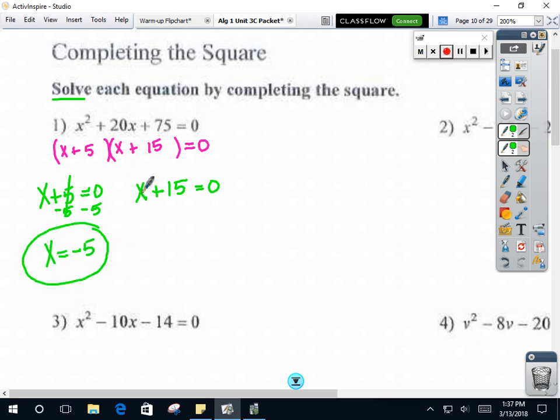And then for this one, how do we solve for x? And so your second solution is negative 15. Now remember, what's special about those two solutions is those are your x-intercepts. If you put this on the graph, that's where it will cross the x-axis. And those are the two numbers that when plugged in for the x will actually make it equal 0.